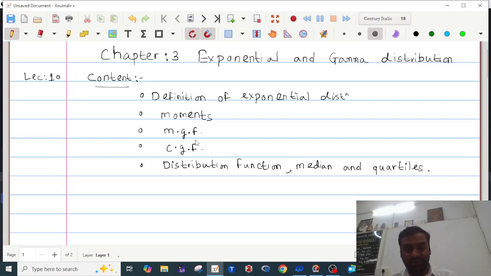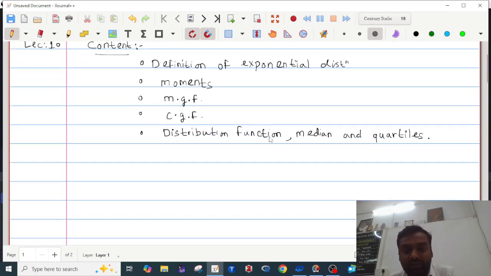After that, we will derive the expression for the CGF, and with its help find the cumulants and hence the central moments. On the basis of that, we will interpret the nature of the distribution. After that, we will also find the distribution function, median and quartiles. So this is the content of today's lecture. Let's start the session.